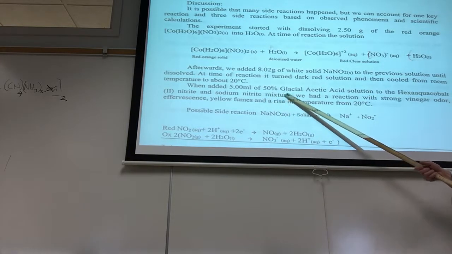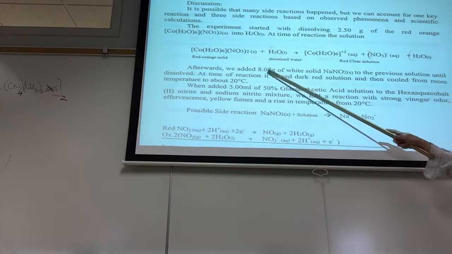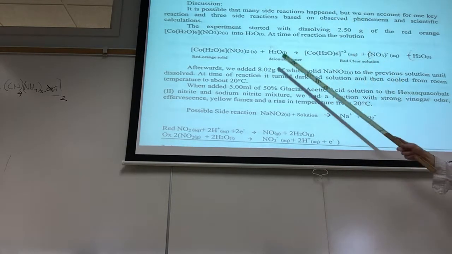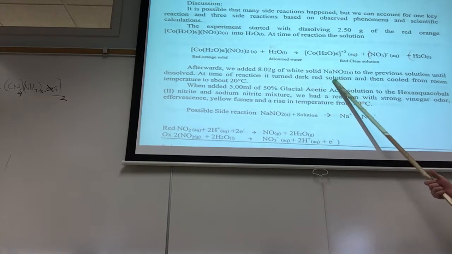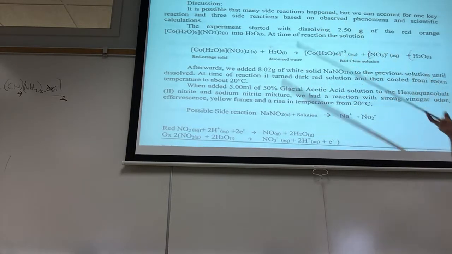You don't have to get into a lot of these details because the 8.02, wasn't that up there in the experimental? So you don't need to repeat the numbers here. You just tell me what happened. When you mix the solid sodium nitrite with that, this is what happened. If I want the numbers, I'll just look up higher, right?